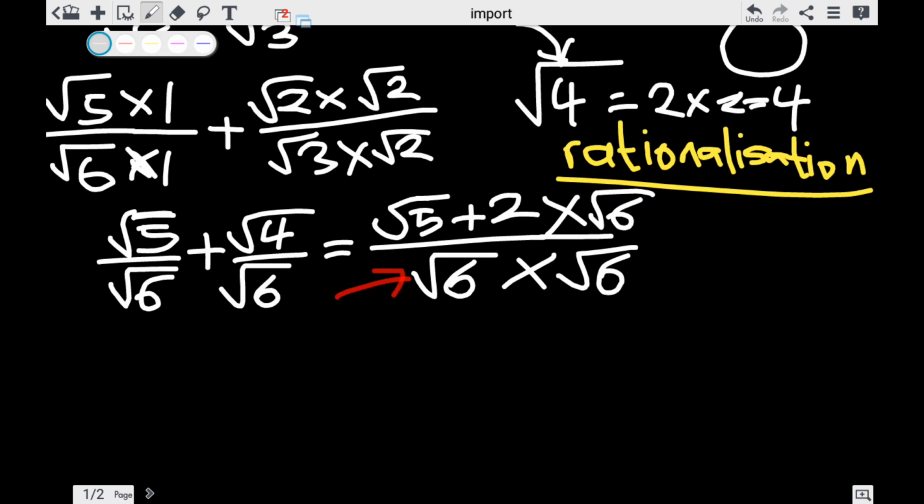So at this point, I would like to tell you something. You will not use this multiplication sign, rather you're going to use a bracket. I'm going to remove that multiplication sign.